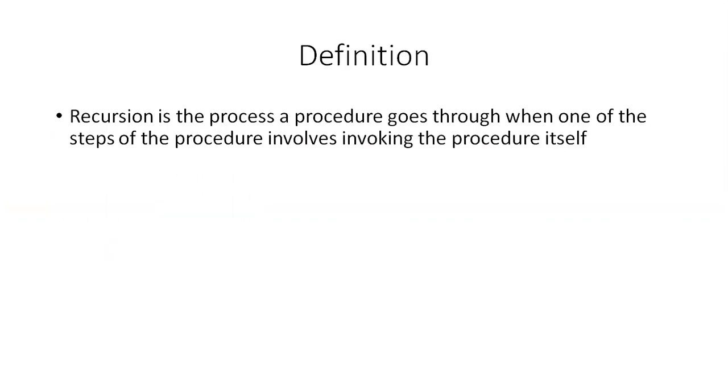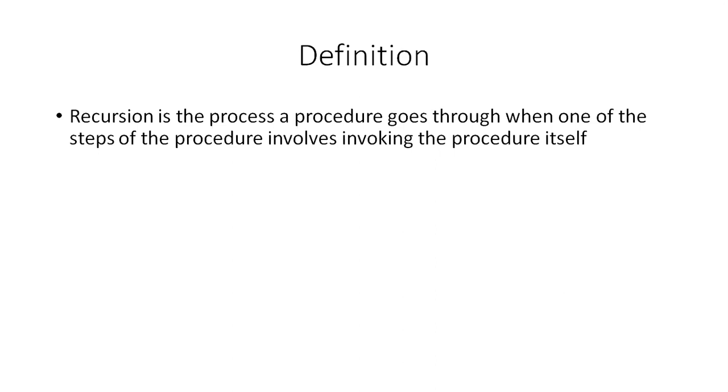And what is the definition of recursion? In the name itself, it is what we are doing here, how we are performing the recursion. Recursion is nothing but a process or a procedure that goes through when one of the steps of the procedure involves invoking the procedure itself.